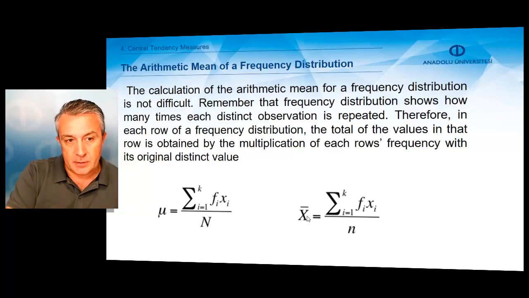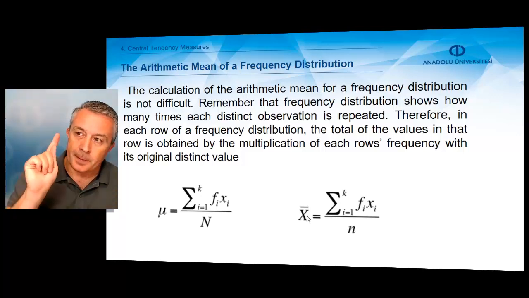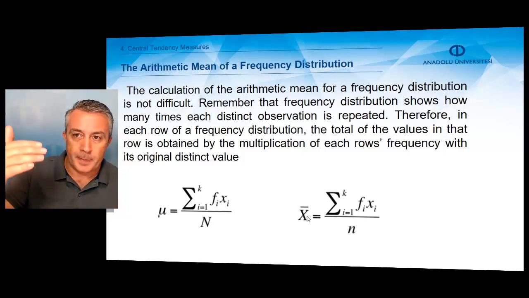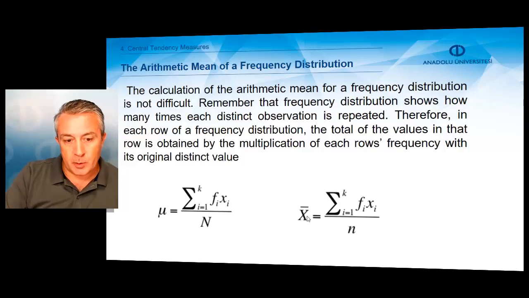The last one is the arithmetic mean for the group frequency distribution. If you remember, in a group frequency distribution we have small classes like 0 to 10, 10 to 20, 20 to 30. In the previous formula, we had one x value and one frequency value.